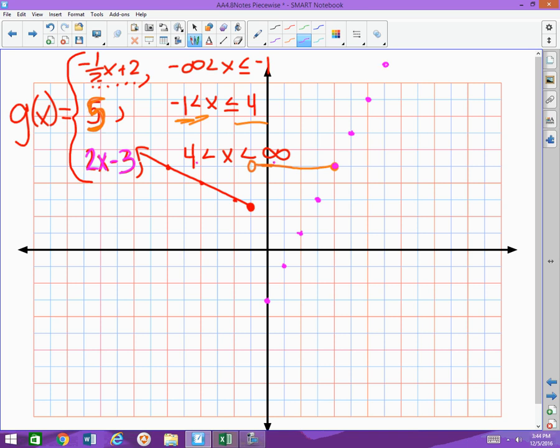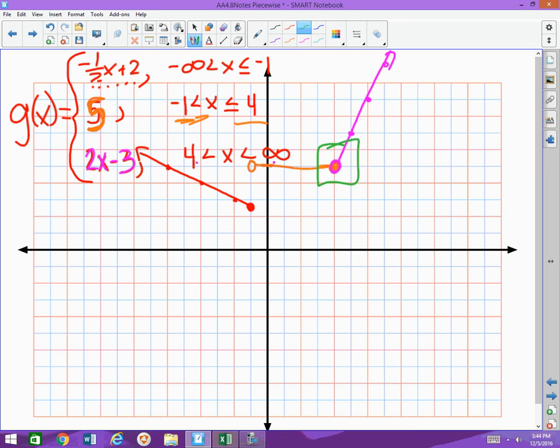Well, 4 is right here, so we need an open circle. Let's redo that part. This is a closed circle for the orange part. Well, now there's an open circle here, and then it's going up and to the right. And so this has an open and a closed circle at this point.